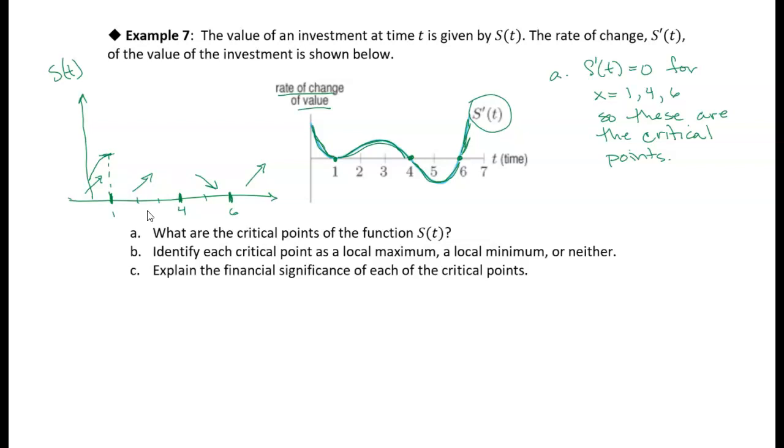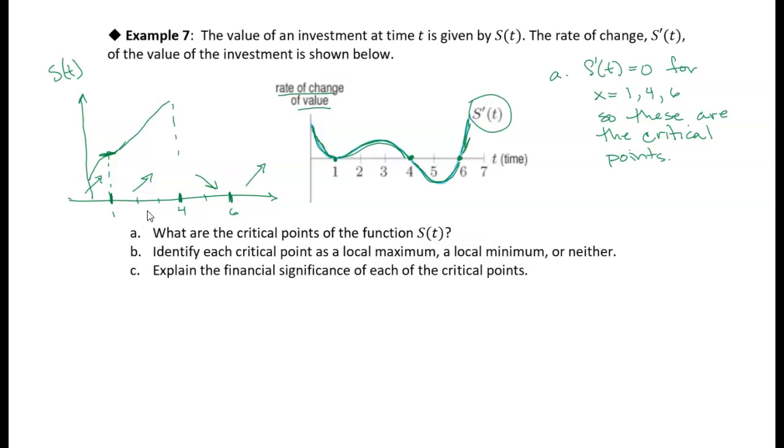The slope right at 1 is 0, but then it keeps increasing. It never dips down and goes negative. So it's increasing, increasing, until we get to 4.